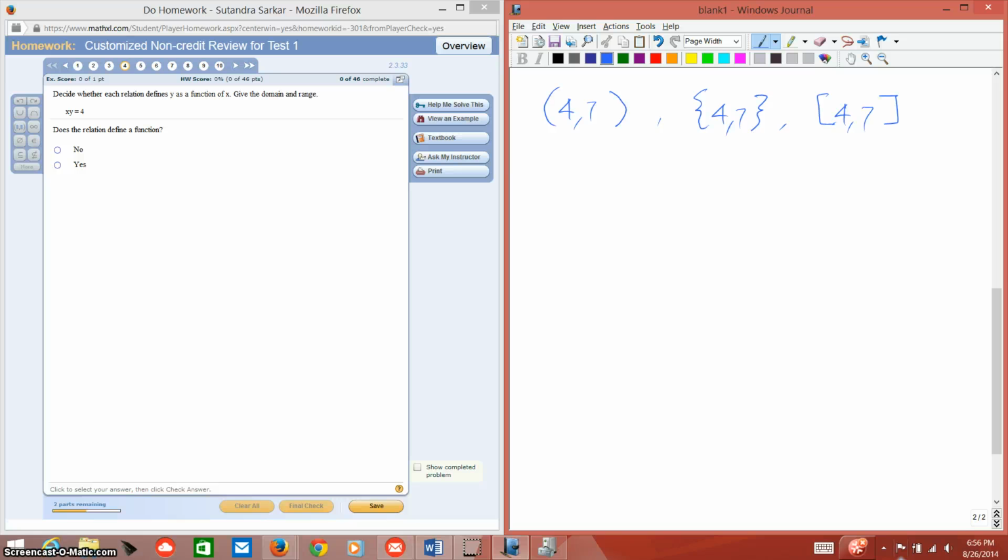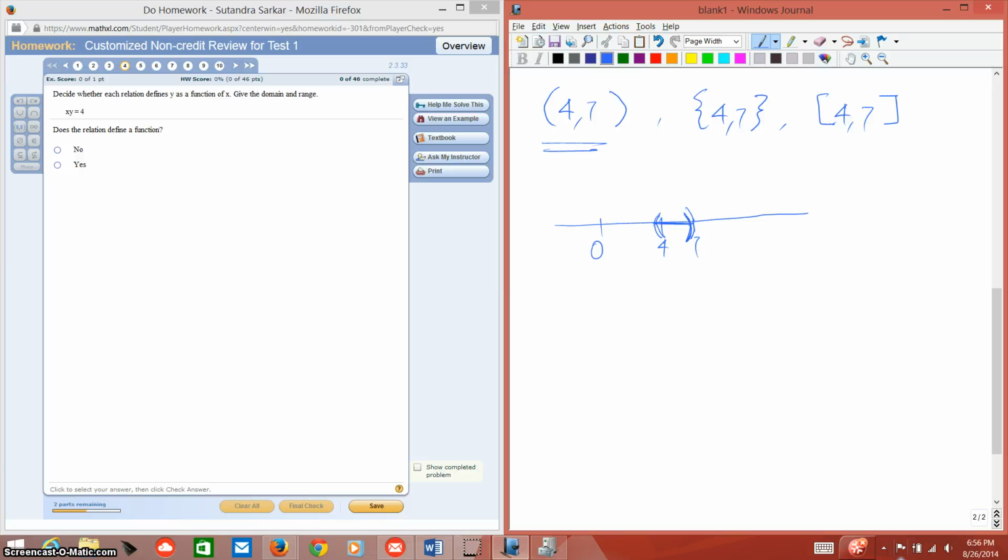Since I'm talking about the interval, I'm not talking about the ordered pair in this case. So when I have open parentheses for 4 and 7, what it indicates, if you think about the number line, and this is your 0, and that's, let's say, 4, and this is your 7, is that I'm talking about all the values between 4 and 7, but not including the endpoints.